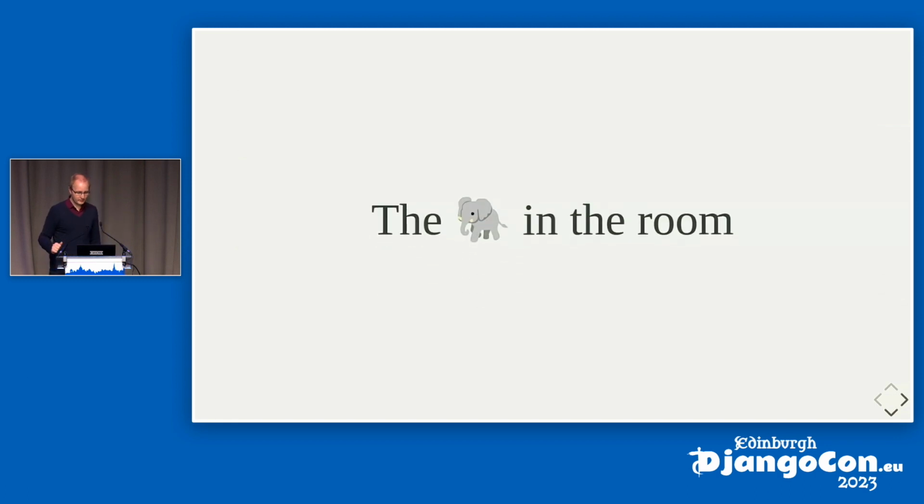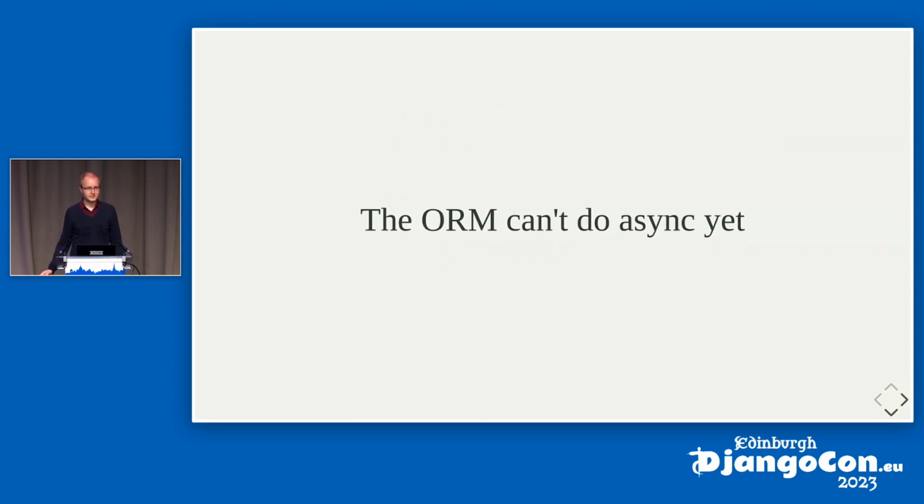Now, let's talk about the elephant in the room, looking at channels and performance. The ORM doesn't do asynchronous yet. People are working on it, but we're not there. Instead, there are workarounds like the database_sync_to_async helper function or decorator, which creates a synchronous thread to run the database queries on.